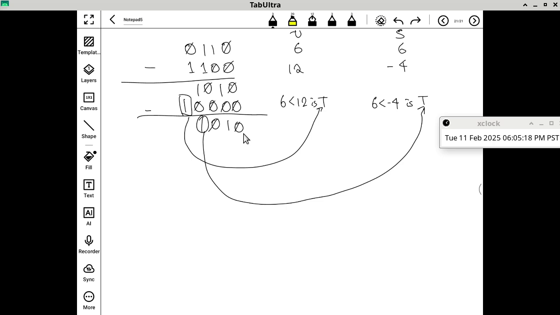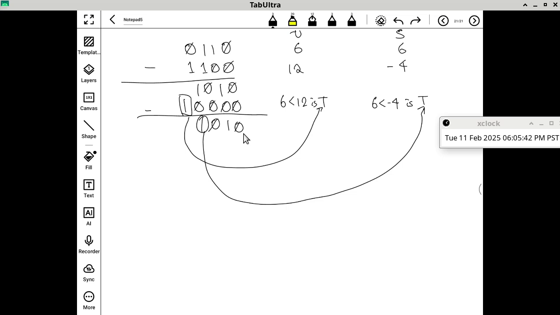Yes, it is -6. But it doesn't make sense, because in signed interpretation, 6 minus -4 should have been, what is 6 minus -4? 10. But it's giving us -6.